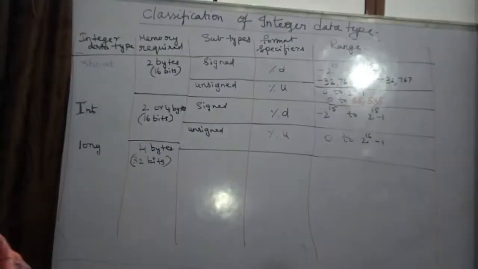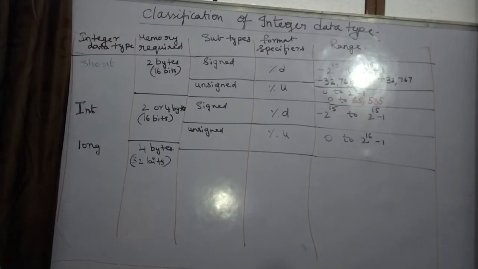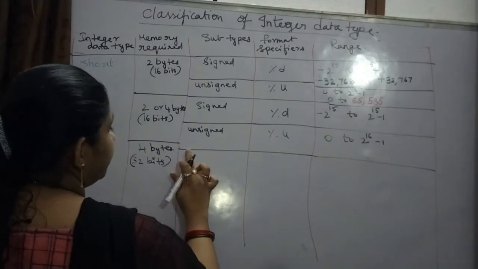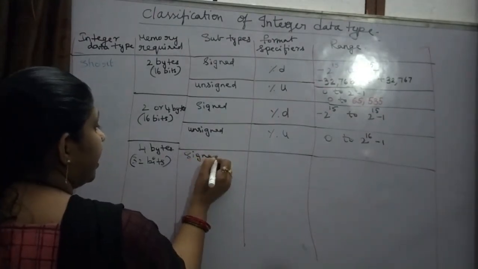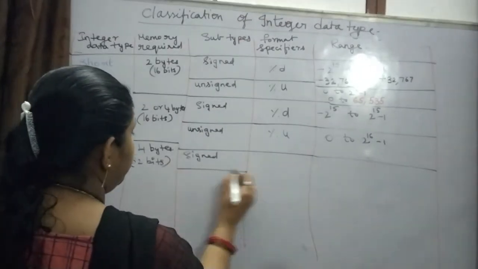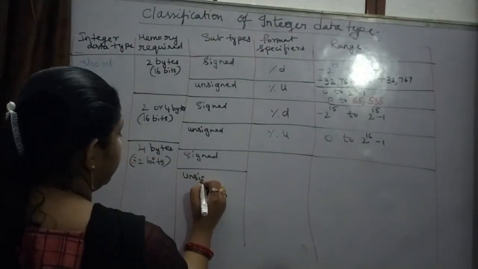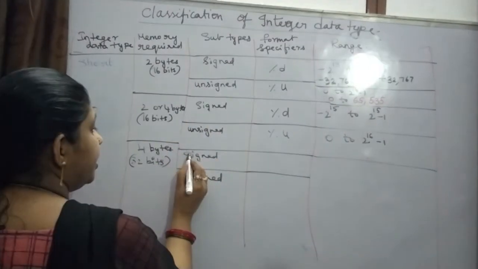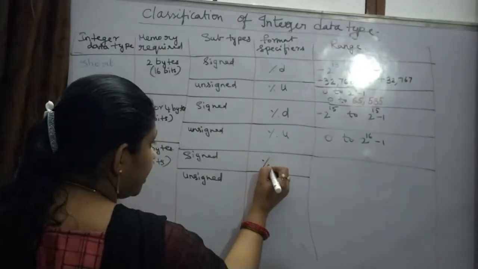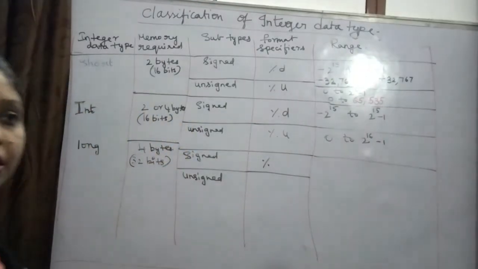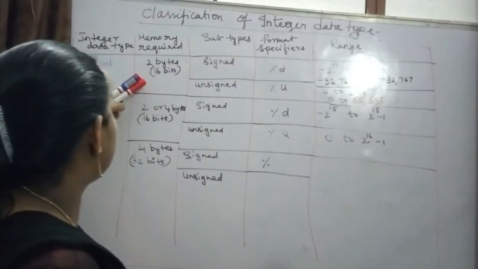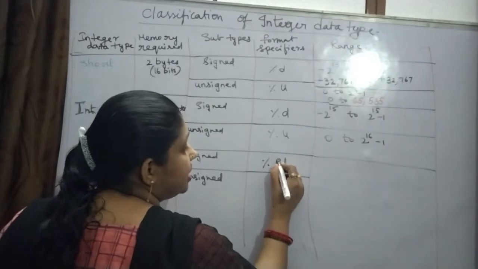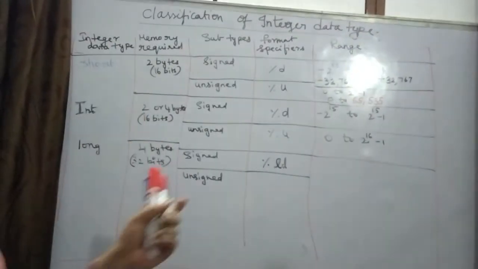Now under this also you have signed and unsigned subtypes. For short int we took percentile D, but now we are taking long, so LD is the format specifier.